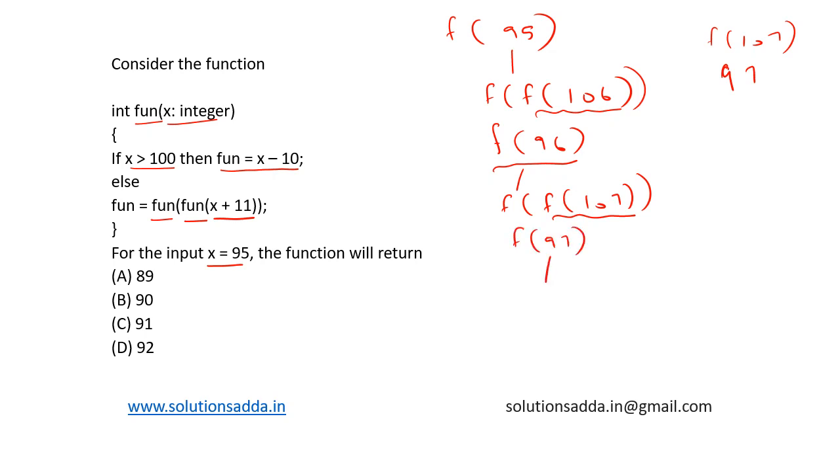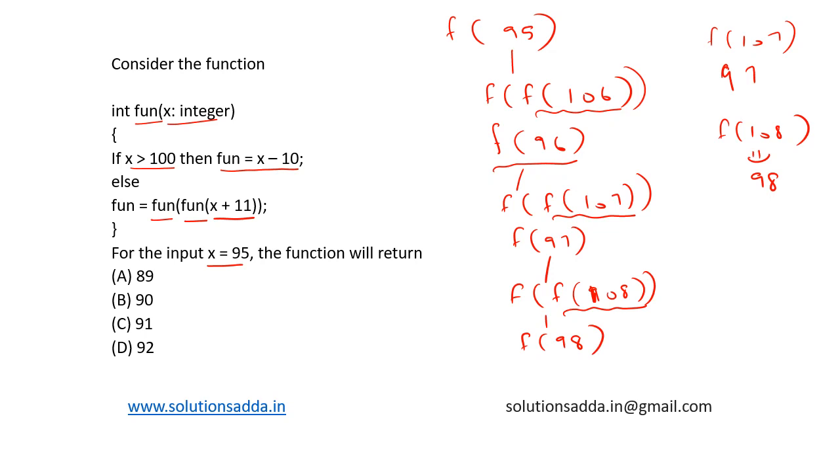So f of 97 is now being called. Upon calling f of 97, since 97 is less than 100, we get f of 97 plus 11, we get 108. Now f of 108 is called. It returns 98. Then we call f of 98.